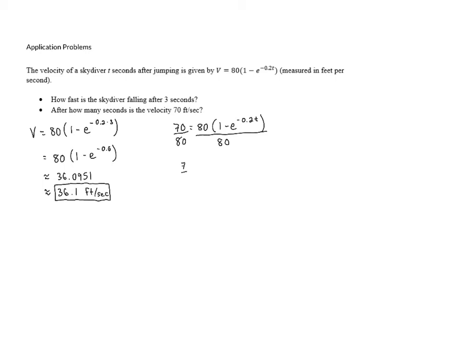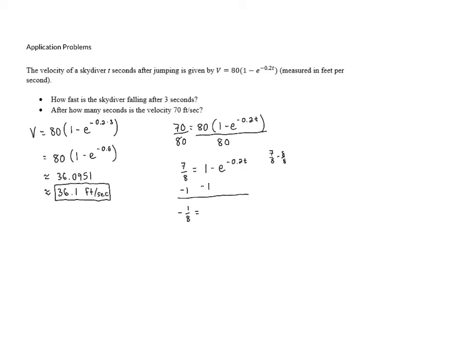70/80ths reduces to 7/8. So we have 7/8 equals 1 minus e to the negative 0.2 t. Now to get the exponential expression alone, we need to get rid of the 1. So we're going to subtract 1 from both sides. Now 7/8 minus 1 is the same as 7/8 minus 8/8, which gives us negative 1/8.